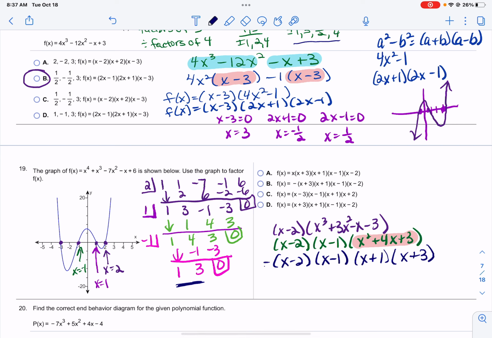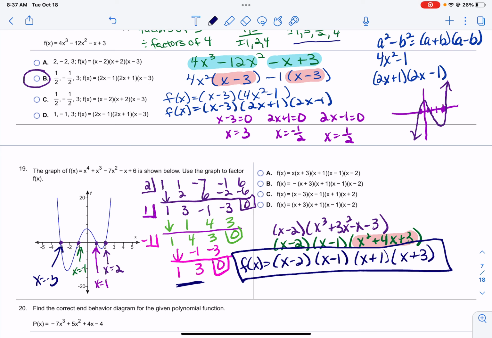So this is our polynomial function in factored form using the graph. Notice x equals -3 is a zero of the polynomial, so that corresponds to the x plus 3 factor. So our correct answer here is D.